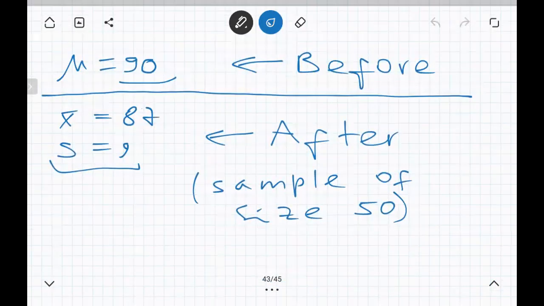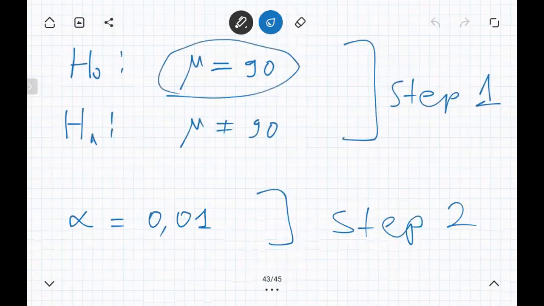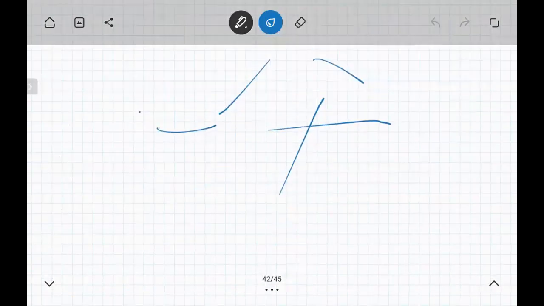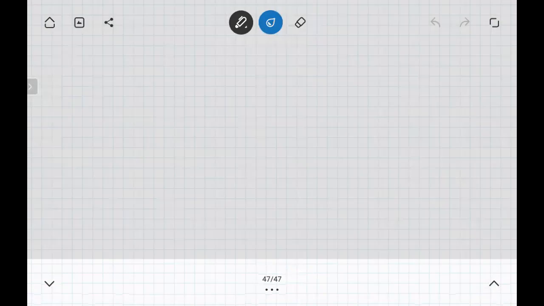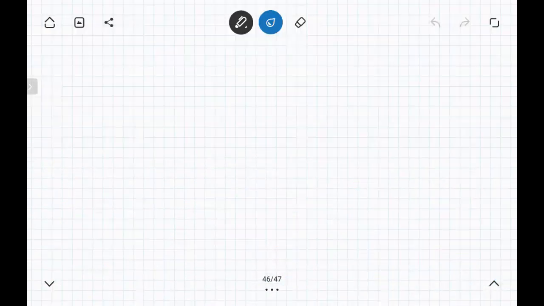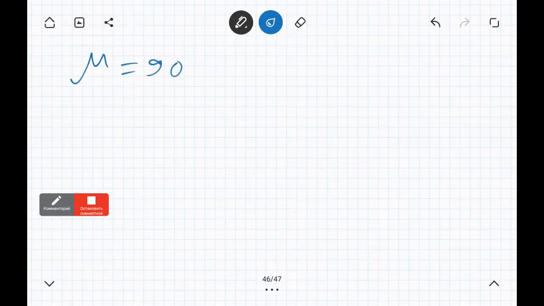Now we can go back, and our null hypothesis is that mean value did not change, that it's still 90. So if I want to interpret our result, not rejecting the null hypothesis, then it would mean that my mean value is still 90, and that the quarantine did not affect the quality of teaching in any meaningful way.